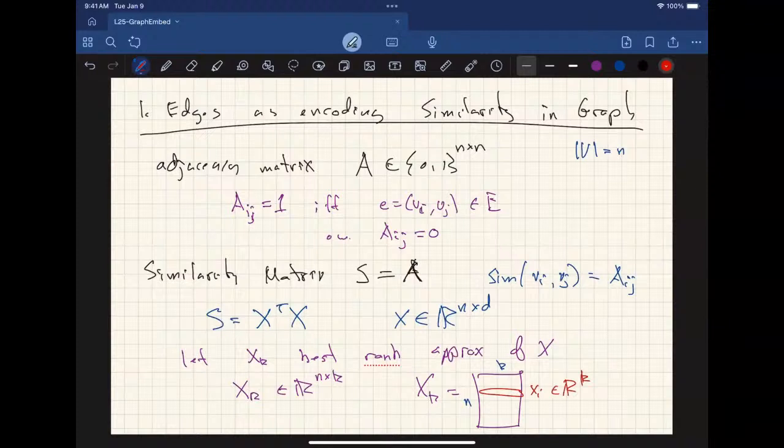Okay, and so I'm done, actually. This is now the representation corresponding. This point is the embedding of vertex v_i.